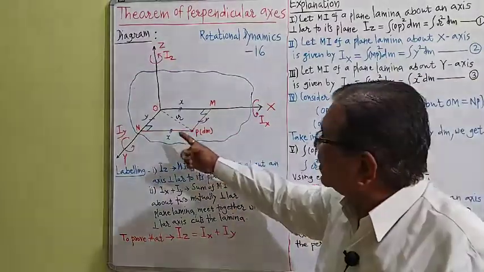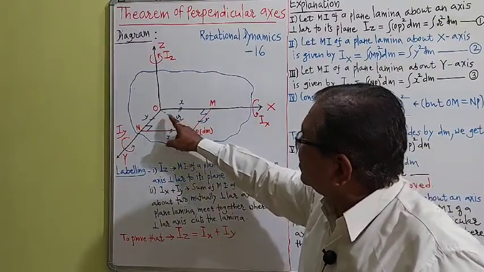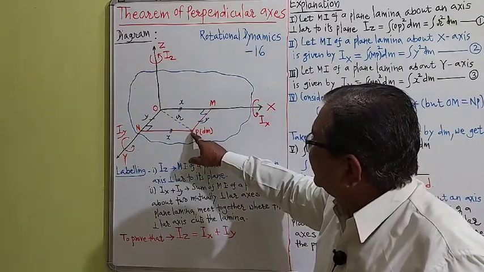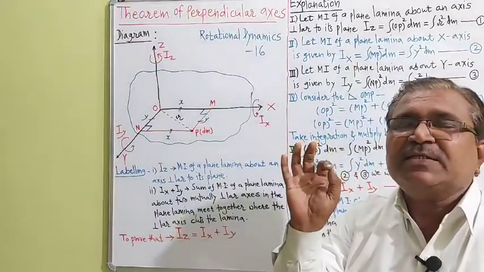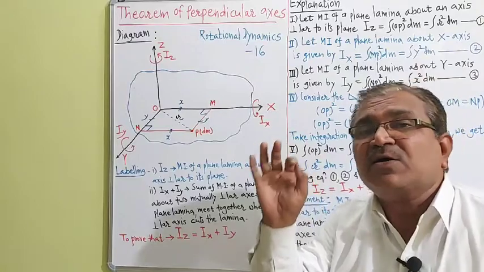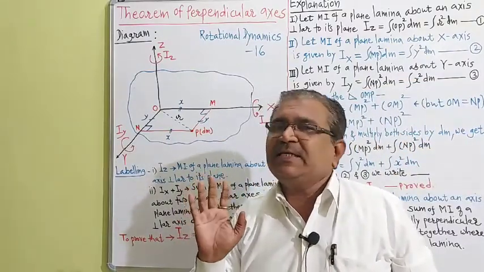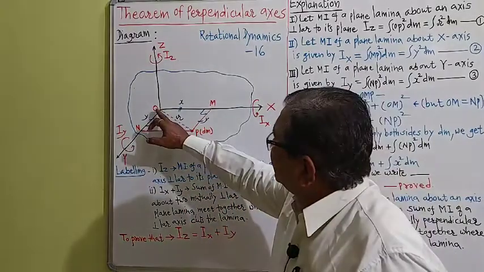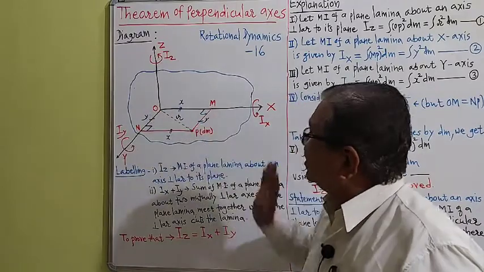Draw a parallelogram like this. Take a point P which is at a distance r from point O. The mass of an element here is dm. Let dm be the mass of the element. Then I have taken this right-angled triangle OMP.